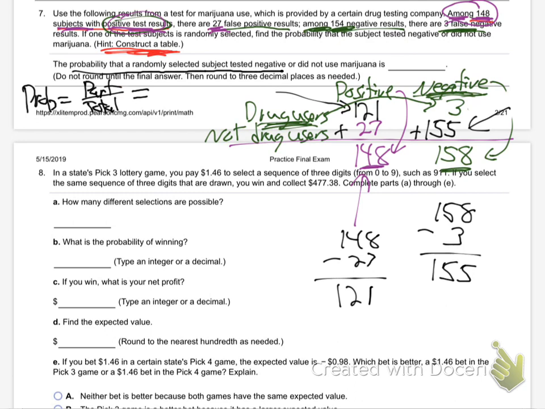Okay, so how many tested negative? How many is that? 158 people tested negative, or did not use marijuana. So 158 is already these 2 combined, so we don't need to look at them anymore. So there's 158 people that tested negative or did not use marijuana.